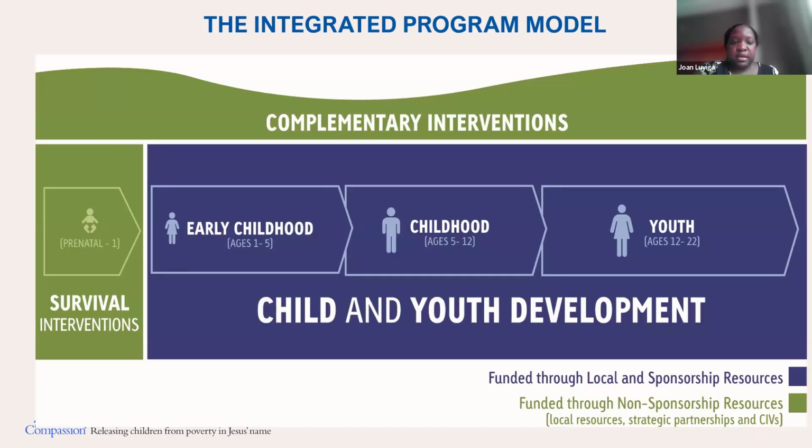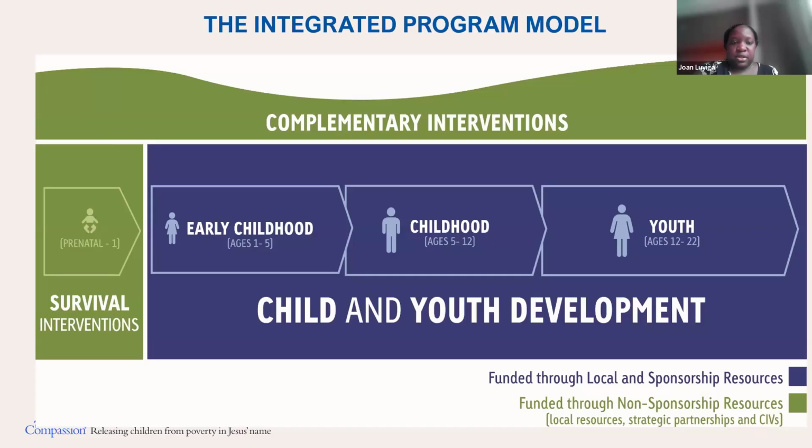So even under sponsorship, we have categorized the participants into 3, as you can see: early childhood, which is from the age of 1 to 5. Then we have childhood, which is from the age of 5 to 12. And then we have the youth. So you hear us talk a lot about infants, children, and youth.